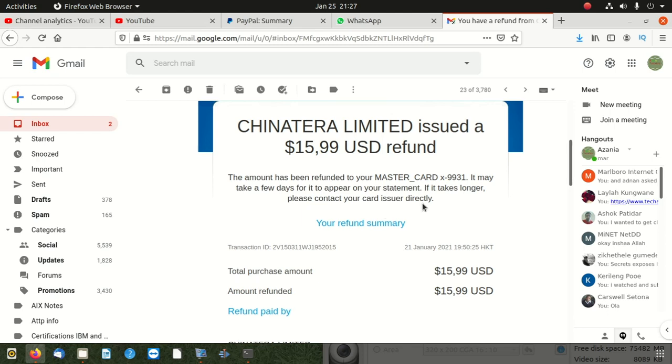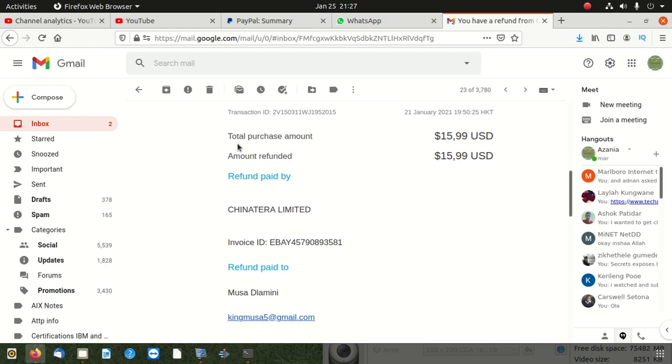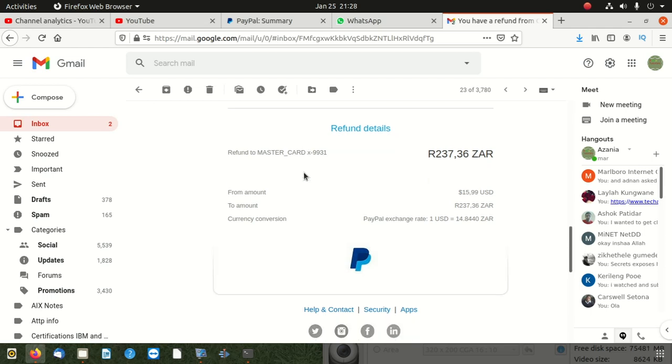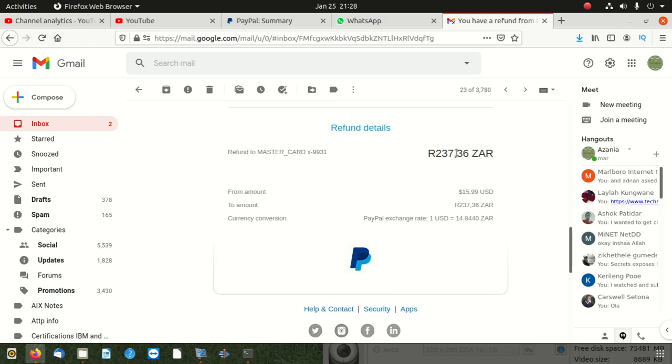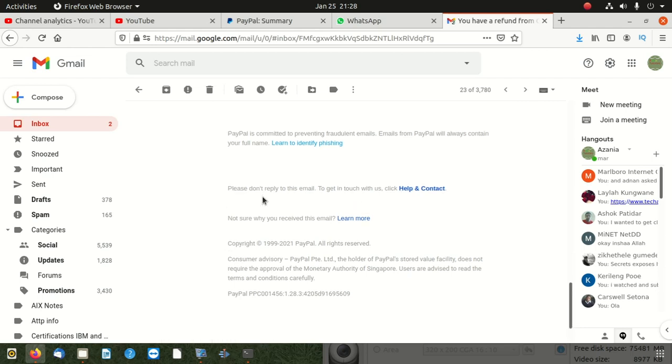Then they give you the total purchase amount, and they refund you 100%. They also give you the invoice ID and where they refunded it to, and your local currency. Yes, guys, this is one of the emails they send you when you're being refunded.